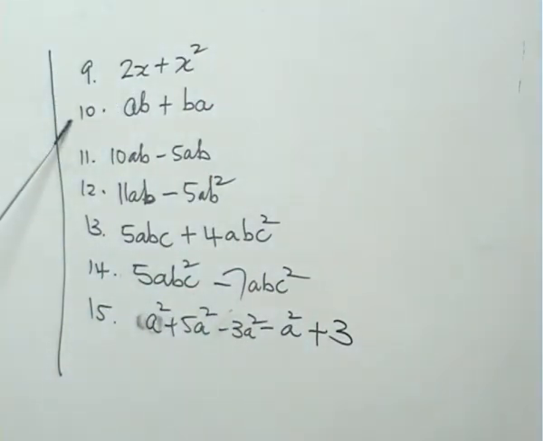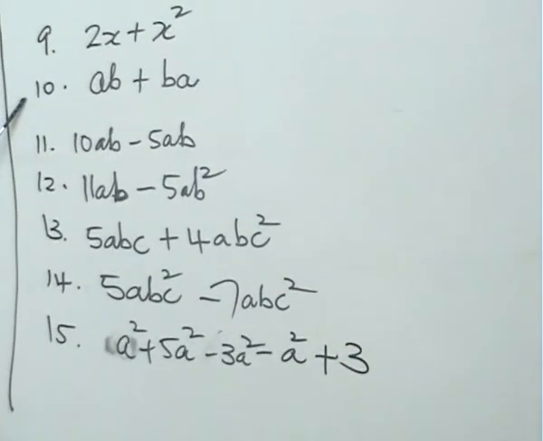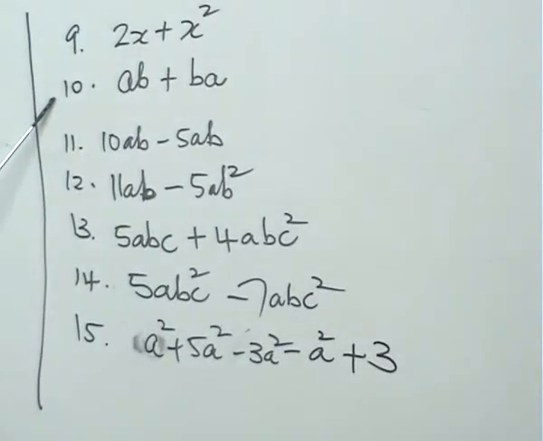Number 10, ab plus ba. Remember, ab and ba are exactly the same. The order does not matter. Number 11, 10ab minus 5ab. Number 12, 11ab minus 5ab squared.